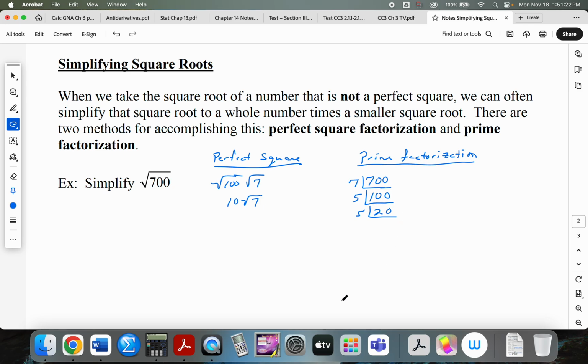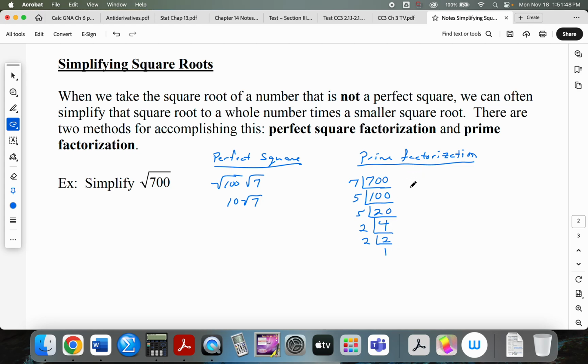We're going to keep doing 5 until we can't do it anymore. So that'll be 4. 2 divides into 4 twice. And then I can divide 2 into 2 and get 1. We'll continue to divide by prime numbers until we get down to 1.